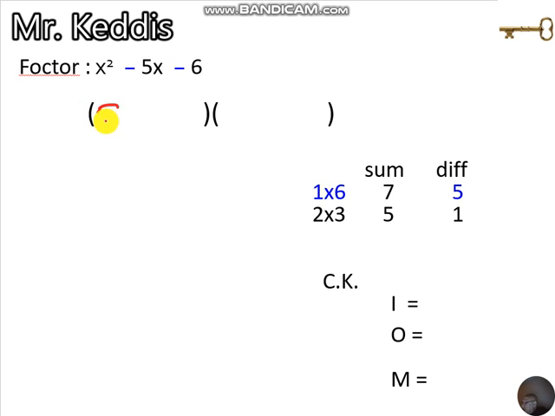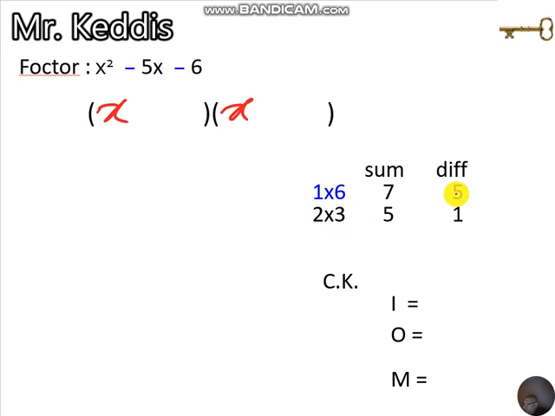Here x and x. 6: 1 times 6 and 2 times 3. The sum of 1 and 6 is 7, and the difference, 6 minus 1, is 5. Here 2 times 3, the sum is 5, 2 plus 3 is 5. And the difference, 3 minus 2, is 1.